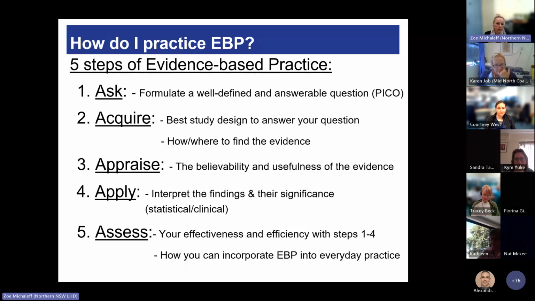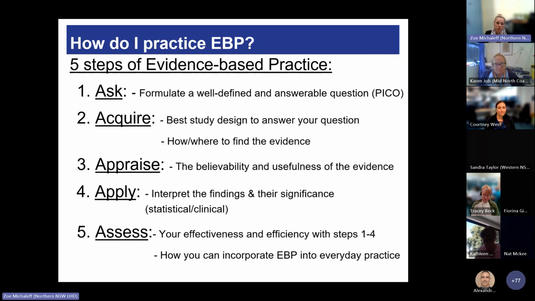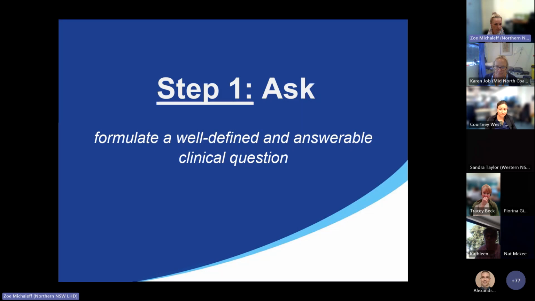You need to have the skills to be able to assess the believability and usefulness of the evidence, the skills to apply and interpret the findings, both in terms of the statistical significance, but also their clinical importance to your patient and population. And lastly, the skills to just sit back and reflect on how well you can perform those steps, but also have the knowledge of how you can become better incorporating evidence into your everyday practice.